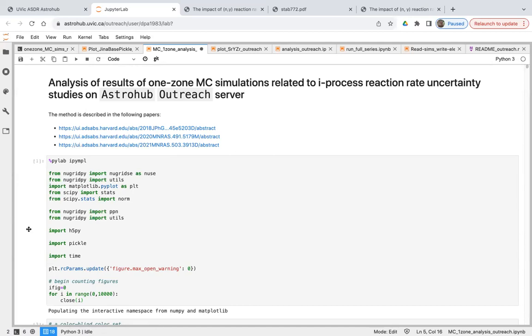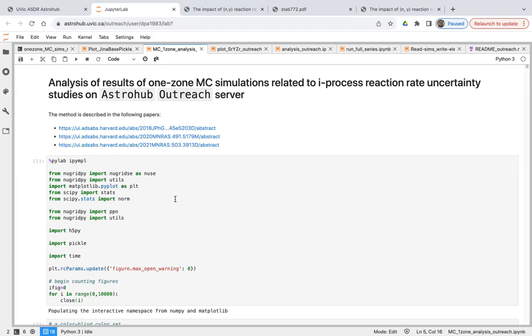So now, if you have done Monte Carlo simulations, you can try to do this analysis. Don't forget to use this notebook, Plot Strongson, outreach, to prepare the file with contour lines, and then plot those contour lines using this notebook, and then try to do this analysis of Monte Carlo results.